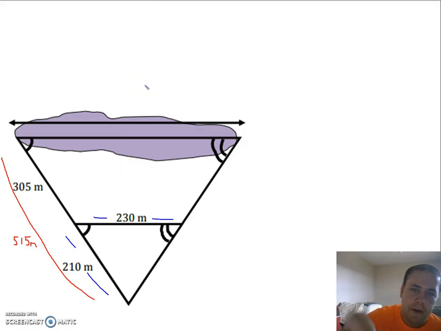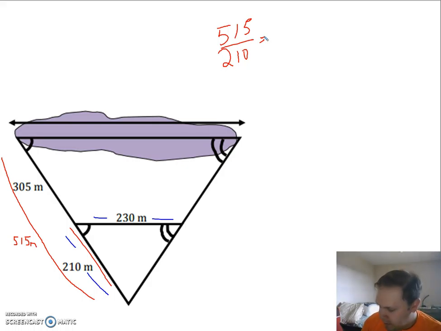So let's figure out that ratio. If I had 515 divided by the original corresponding side, which is 210, I would get a decimal answer. I think it's 2.45. That's not good looking.